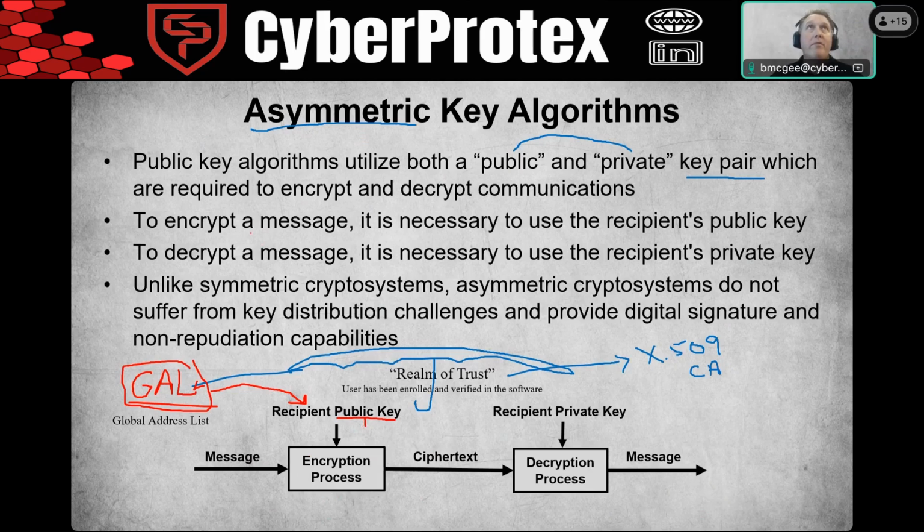If I wanted to send them an encrypted message, I would use their public key. I have the message, I do a lookup in my key distribution center, which would be the GAL, and I get their public key, I run it through the algorithm, and I send the ciphertext across the wire. Then the system behind the scenes does some magic, because that's what the software does.